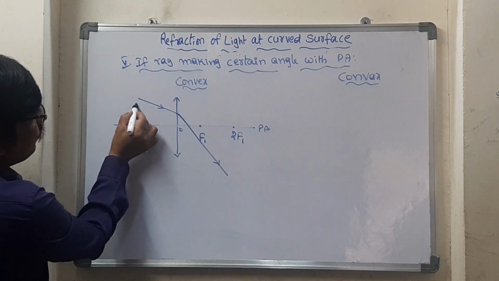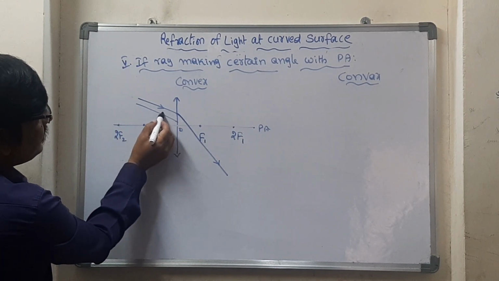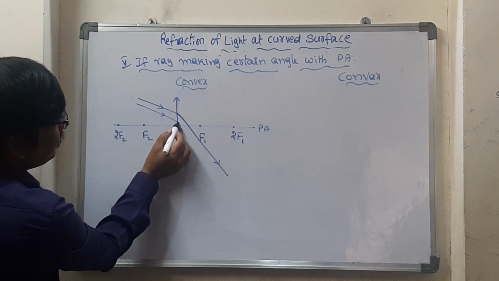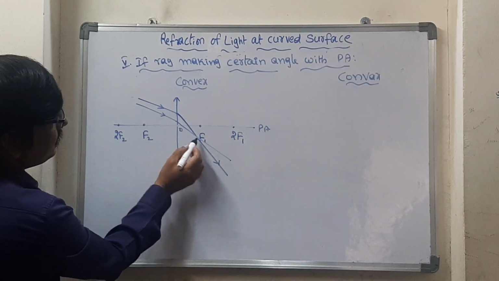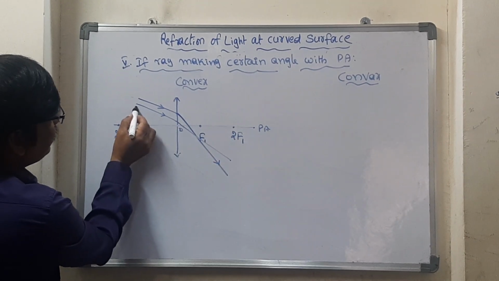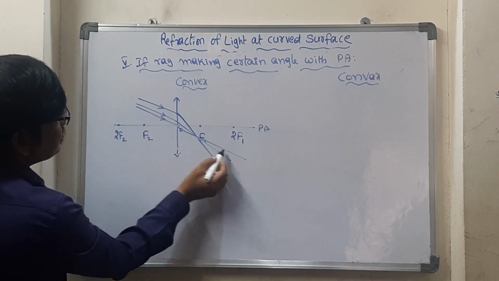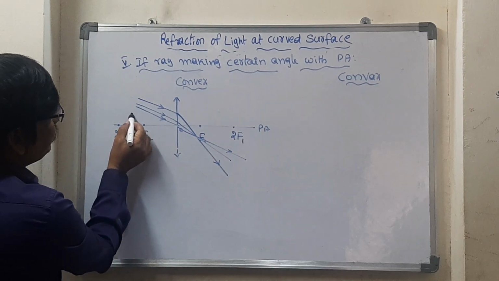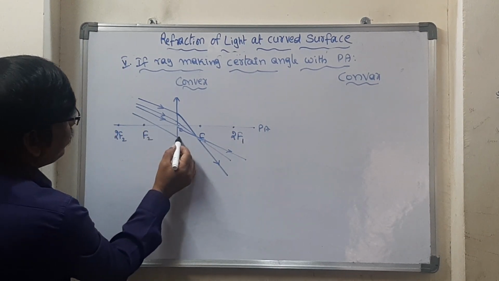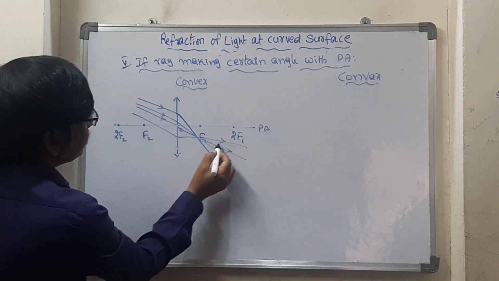Now let us take one more ray. If this ray too travels, then it will pass like this, and we know that there is no deviation, and this one will pass like this. And again, if we take a ray, then that ray will pass like this.